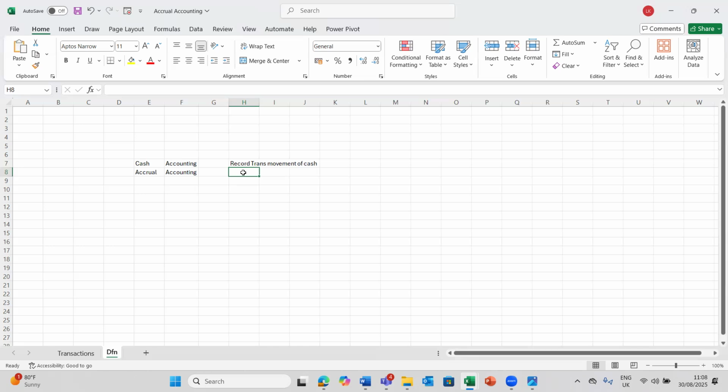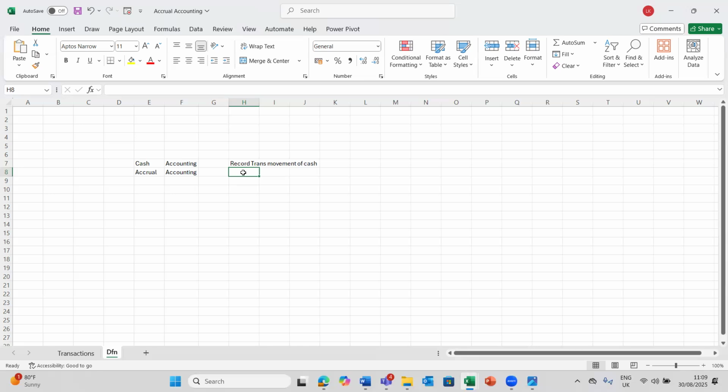For instance, let's say this is the month of August, and I pay rent at the end of August. Suppose now I want to produce a report, so I have to include the rentals figure, but I've not yet paid the rentals.